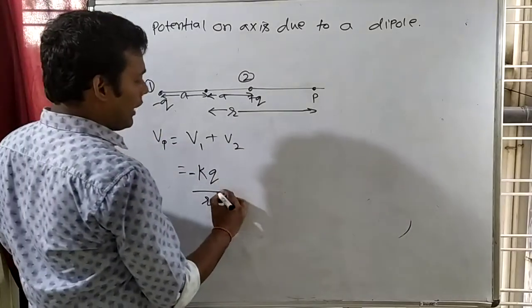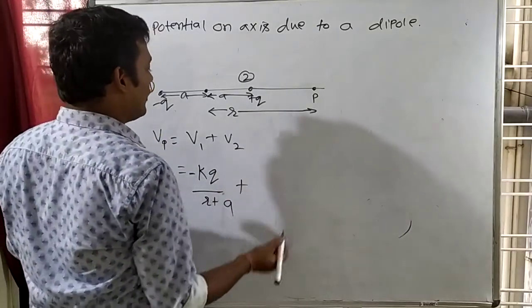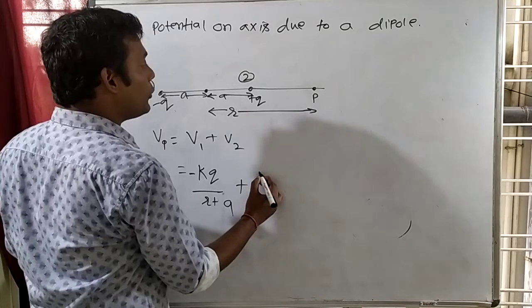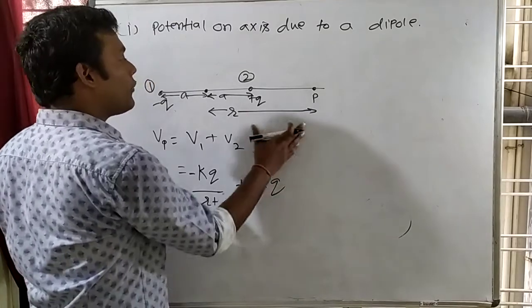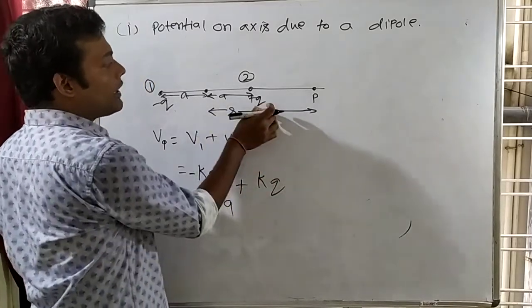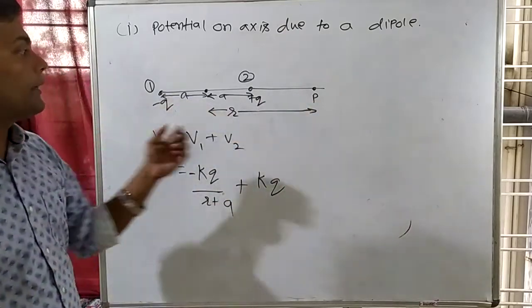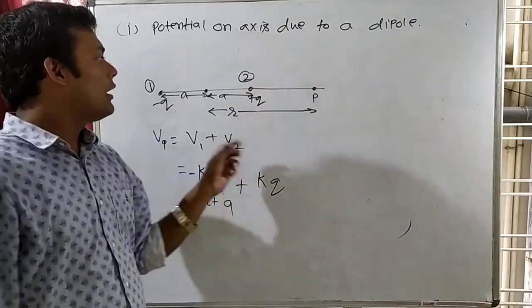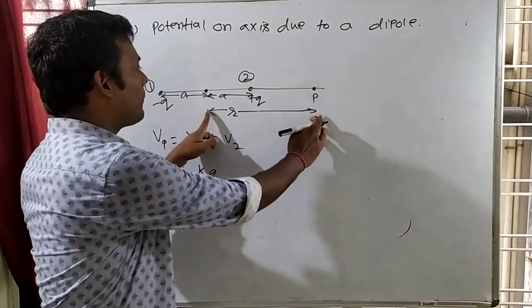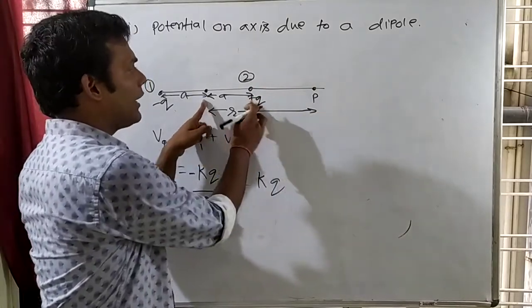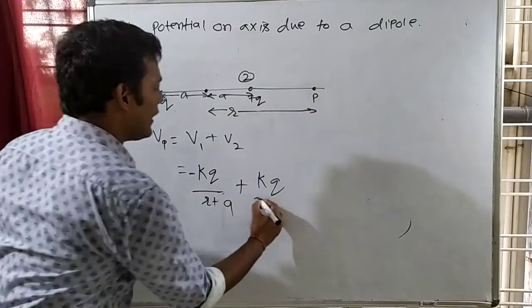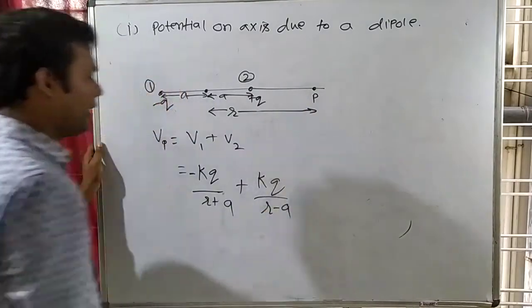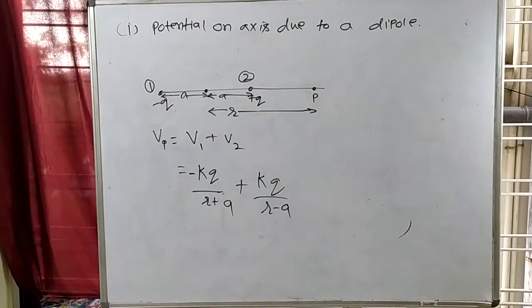And for the plus Q charge, KQ by R minus A. The complete distance is R, and from here to here is A, so this distance will be R minus A. Clear?